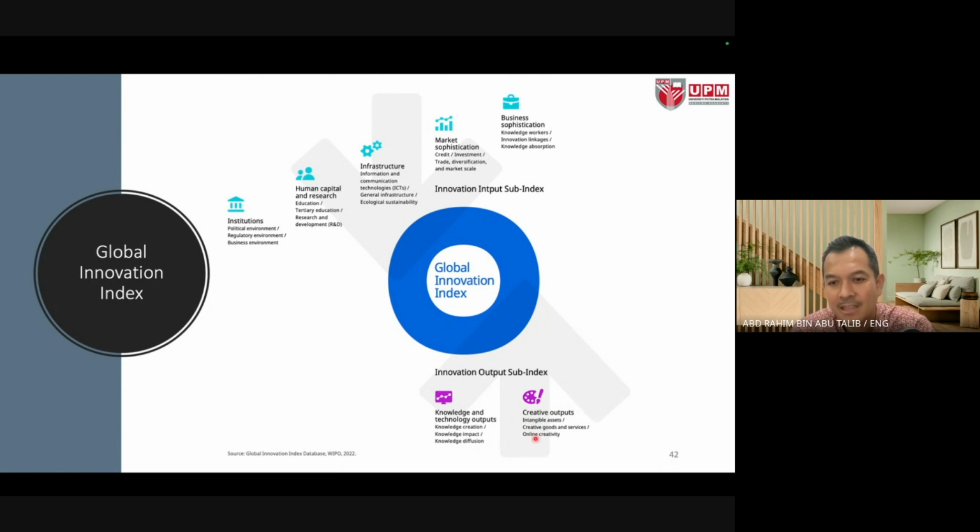And finally creative outputs: intangible assets, creative goods and services, and online creativity. This comes from WIPO, the World Intellectual Property Organization, which handles intellectual property.